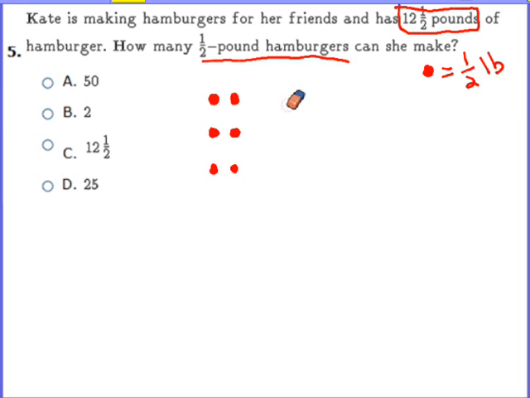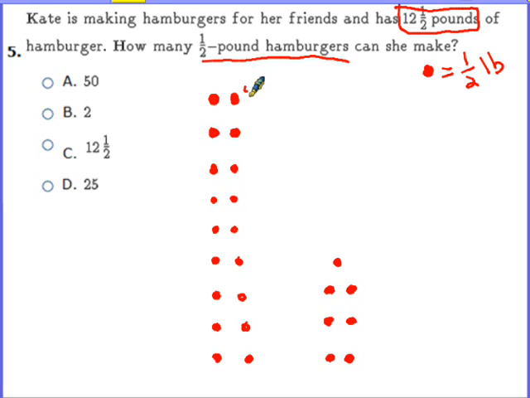Alright, so I'm just going to continue with that. So that's 1 pound, 2 pounds, 3 pounds, 4 pounds, 5 pounds, 6 pounds, 7 pounds, 8 pounds, 9 pounds, let's come over here, 10 pounds, 11 pounds, getting close, 12 pounds, and then I'm just going to do one more.